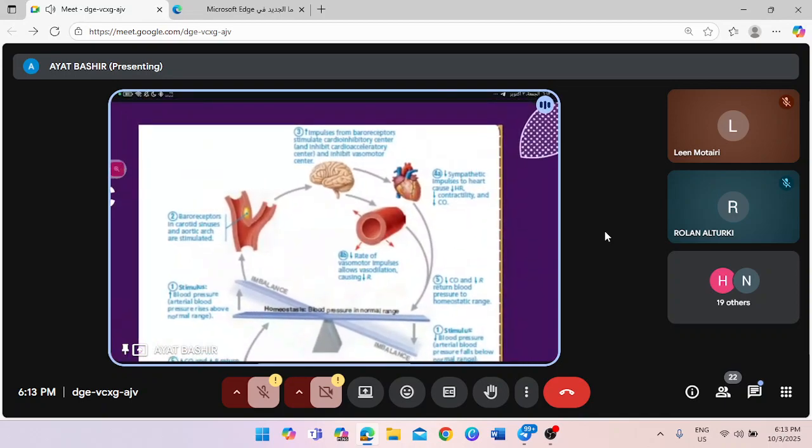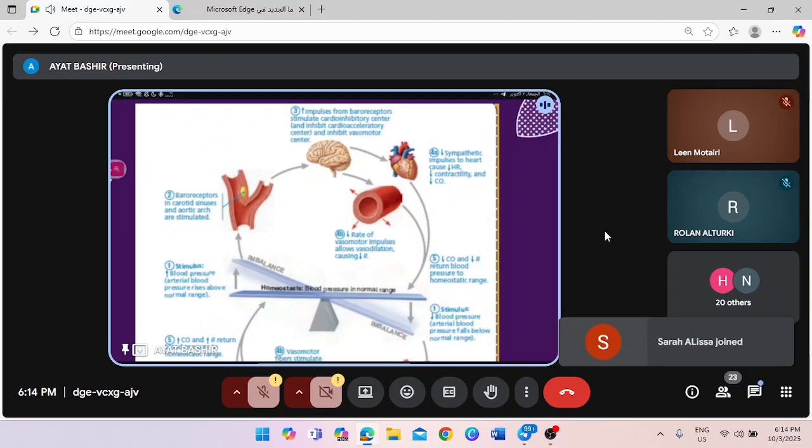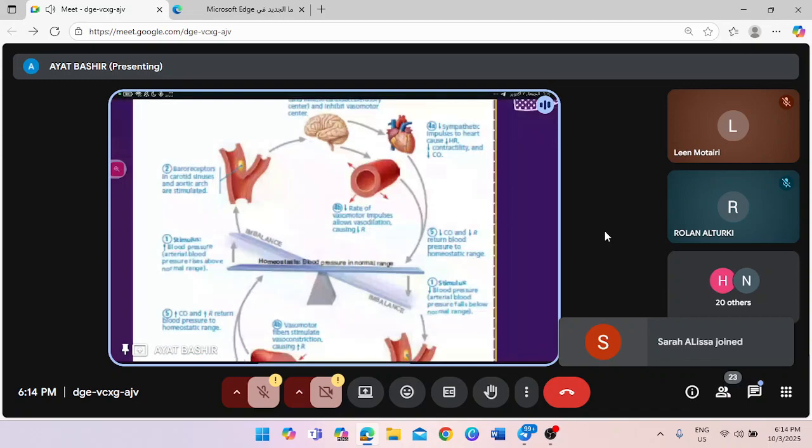When they are stimulated, this will lead to inhibition of the cardio-acceleratory center, and this will inhibit the vasomotor center, so it will decrease the blood pressure. So we start with high blood pressure, then we inhibit the cardio-acceleratory center, and then we get a decrease in blood pressure: a decrease in heart rate, contractility, and cardiac output. After that, this will return the blood pressure to the homeostatic range.